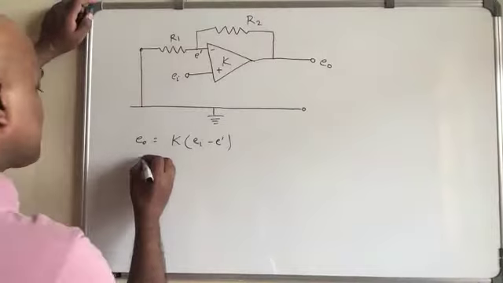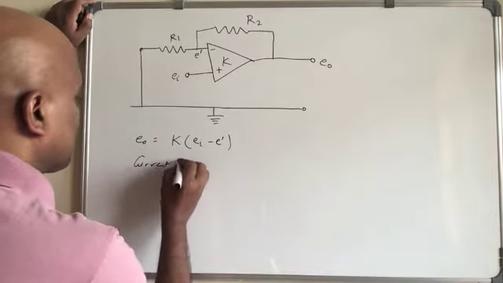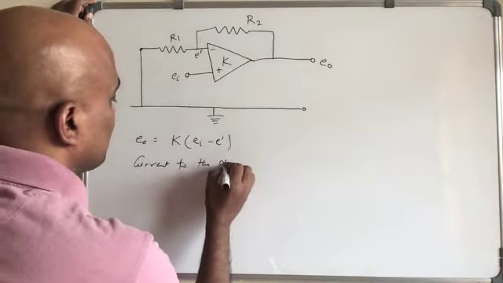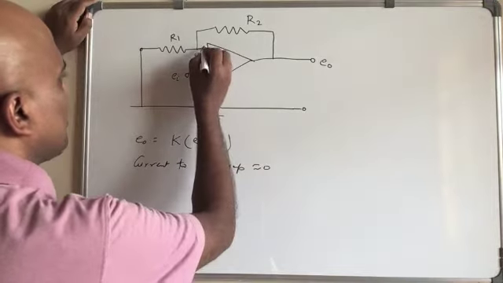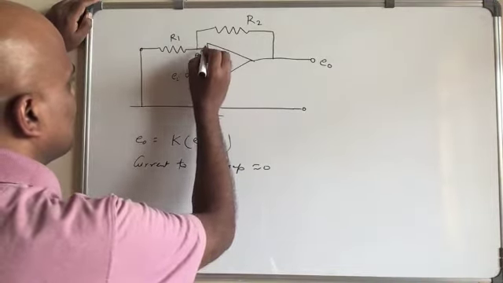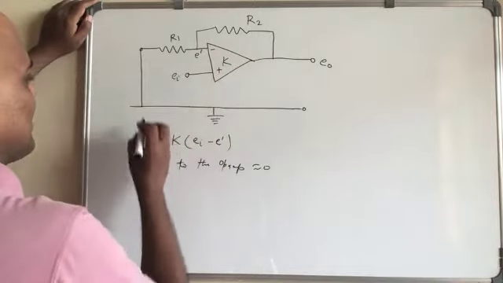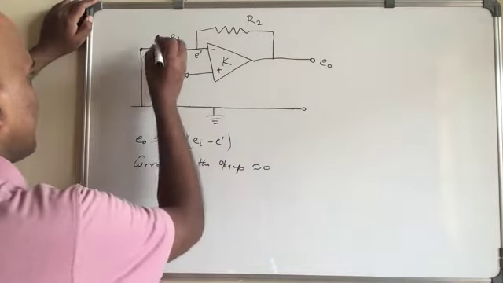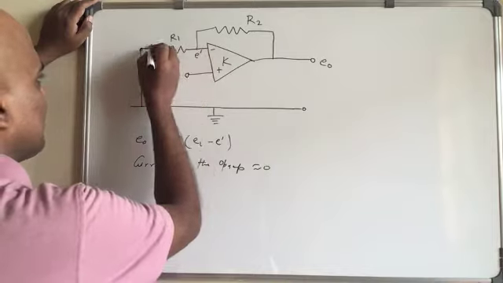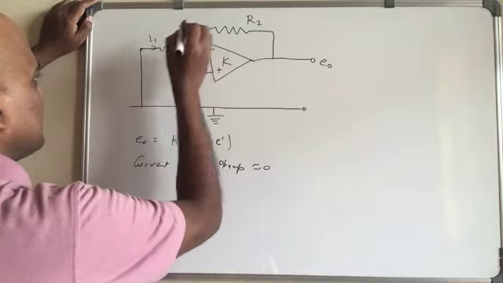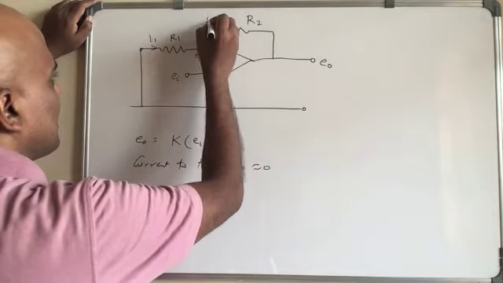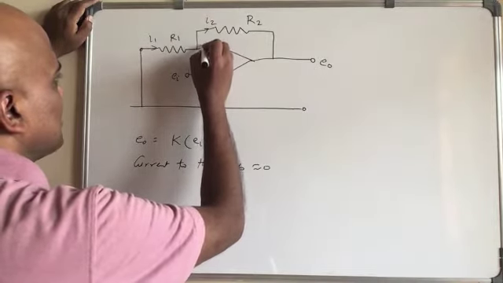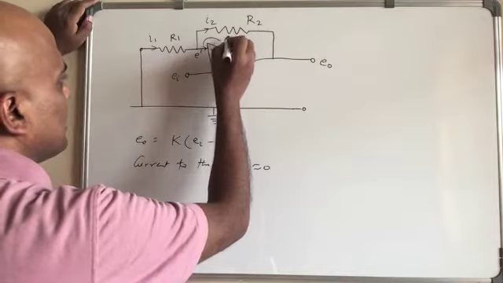Now the current to the op-amp is negligible, right? So you can assume there is no current going there. So in a way, let us say this is I1 and this is I2.